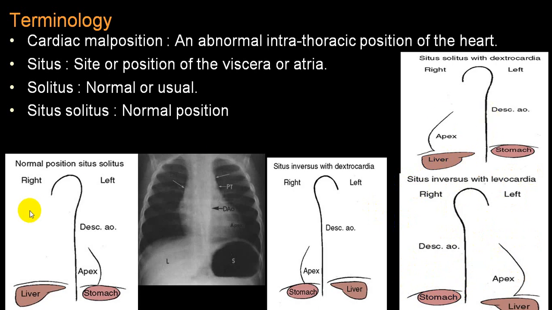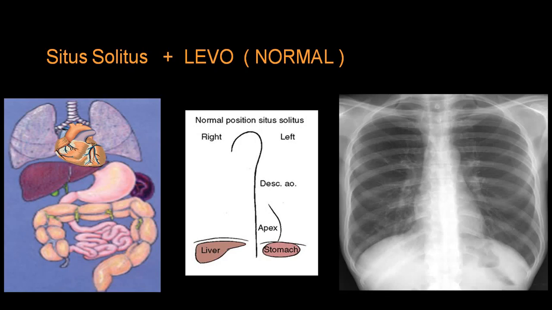So in these two conditions, situs solitus with dextrocardia or situs inversus with levocardia, the chance of congenital heart disease will be 95 to 100%.